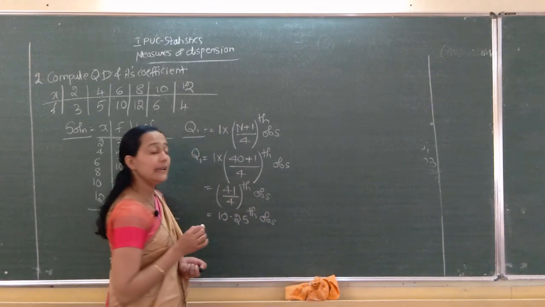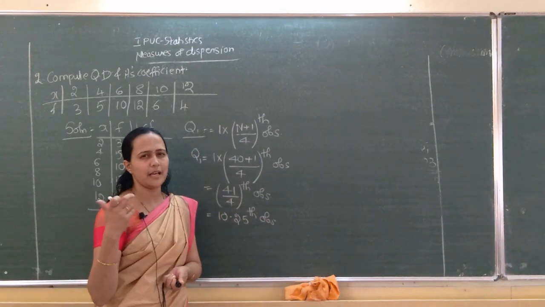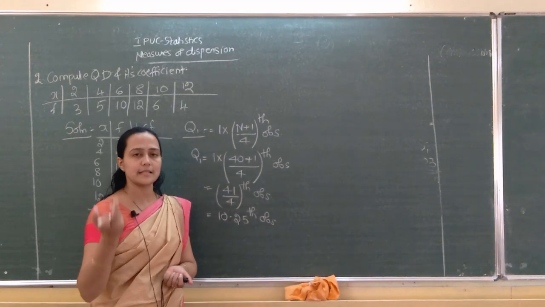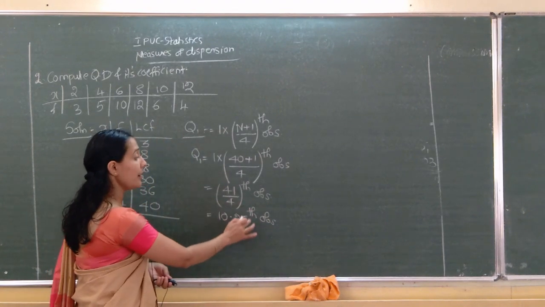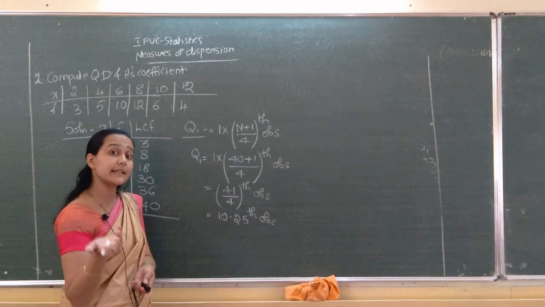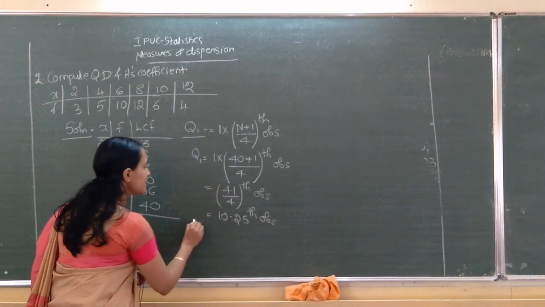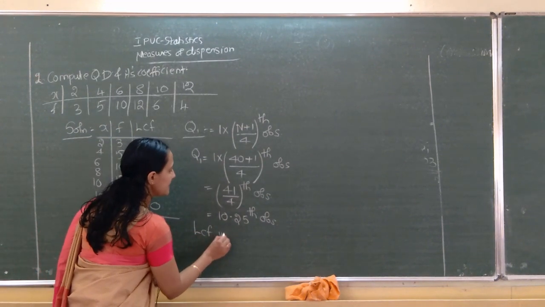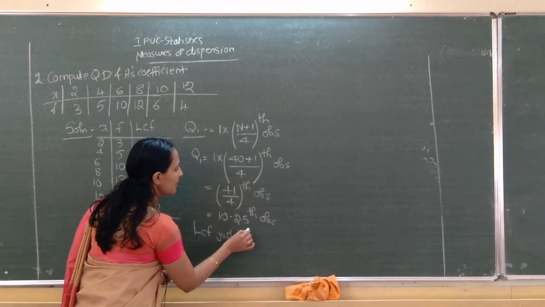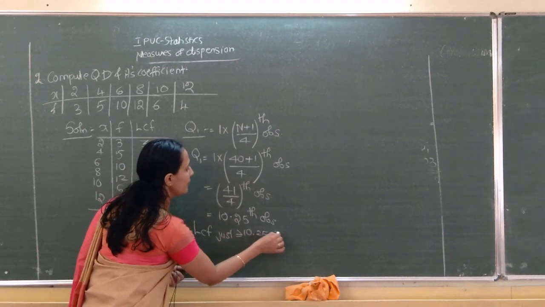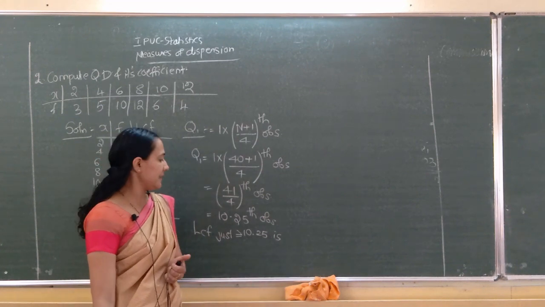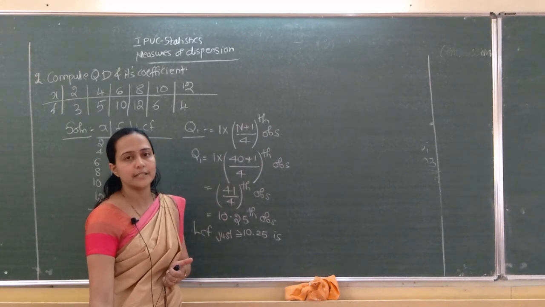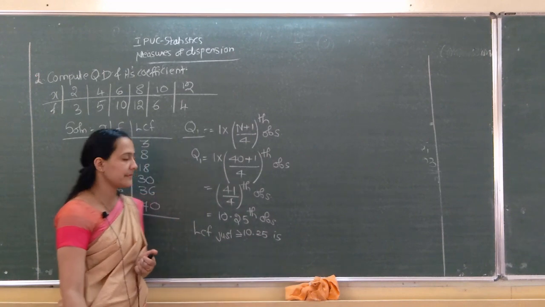Now, no need to compute 10 plus 0.25 and all; just find the less than cumulative frequency just greater than or equal to 10.25.